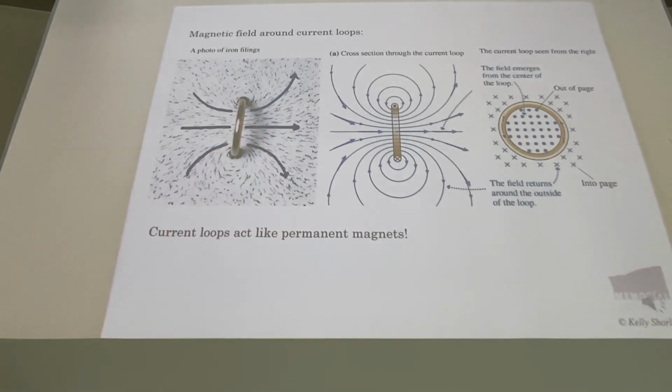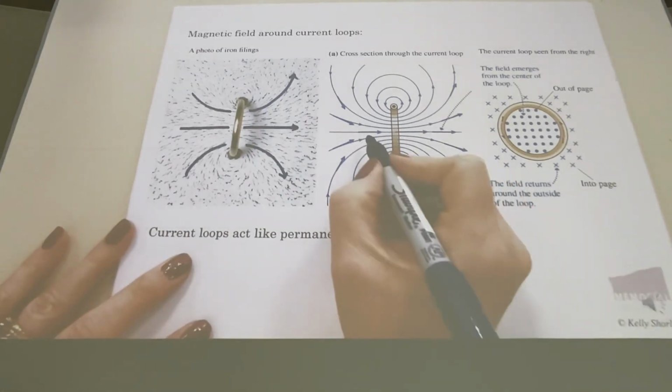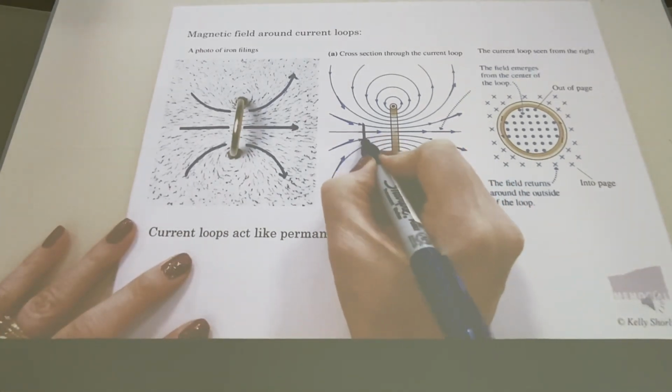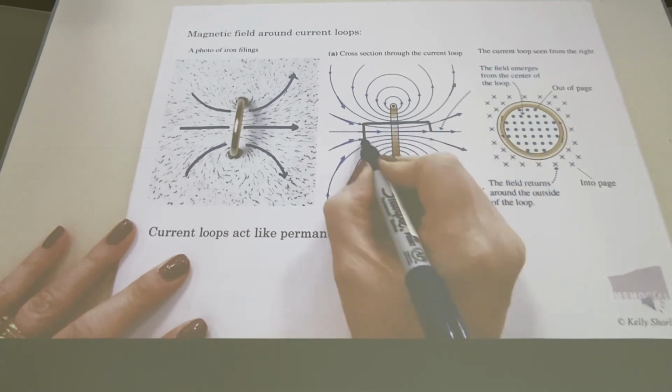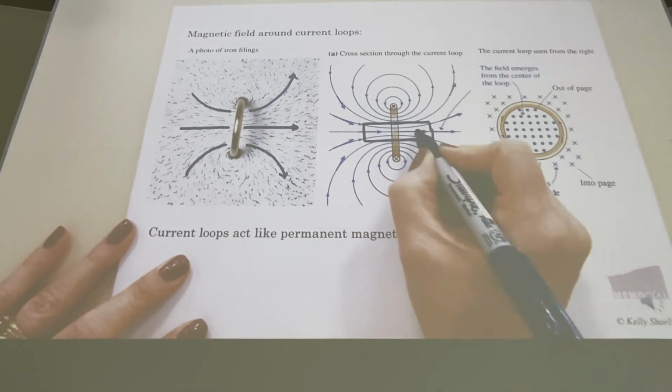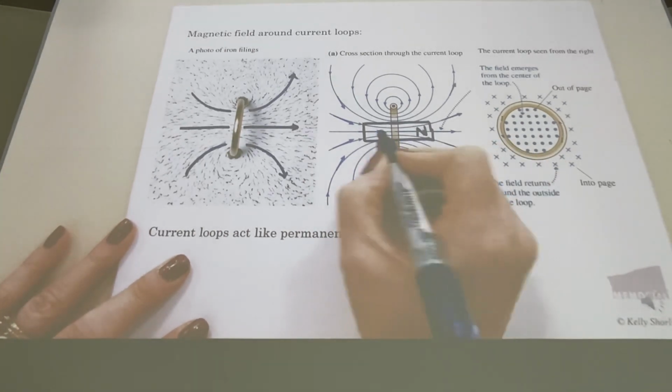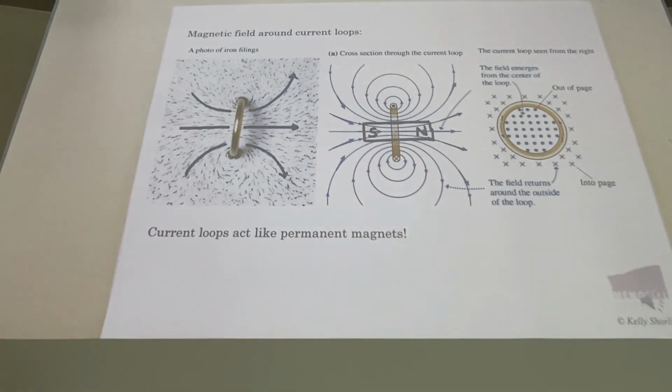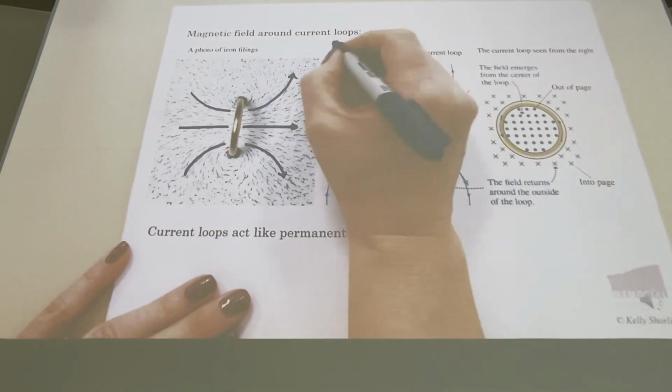That's how you can trace it with little compasses or iron filings. It makes our little loop look like a bar magnet, and that was the result we had shared before. The magnetic field comes out of the north end into the south end. So loops are like a bar magnet.